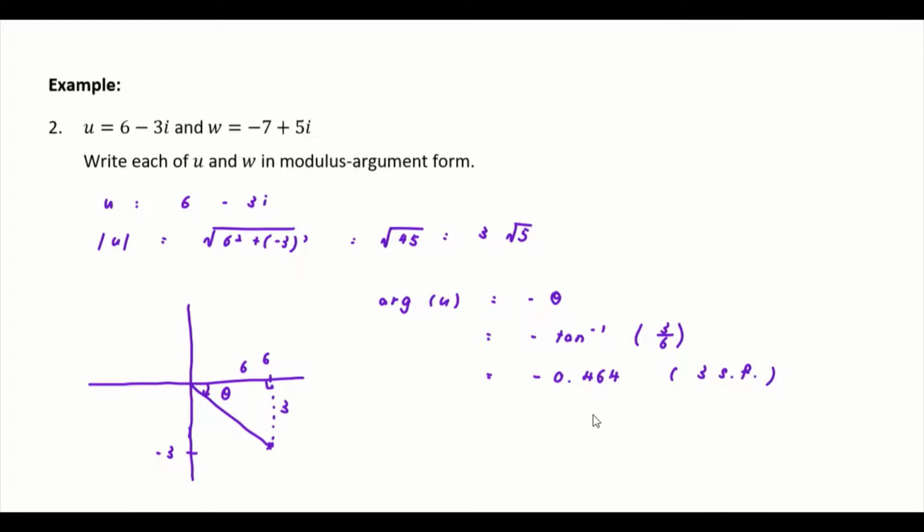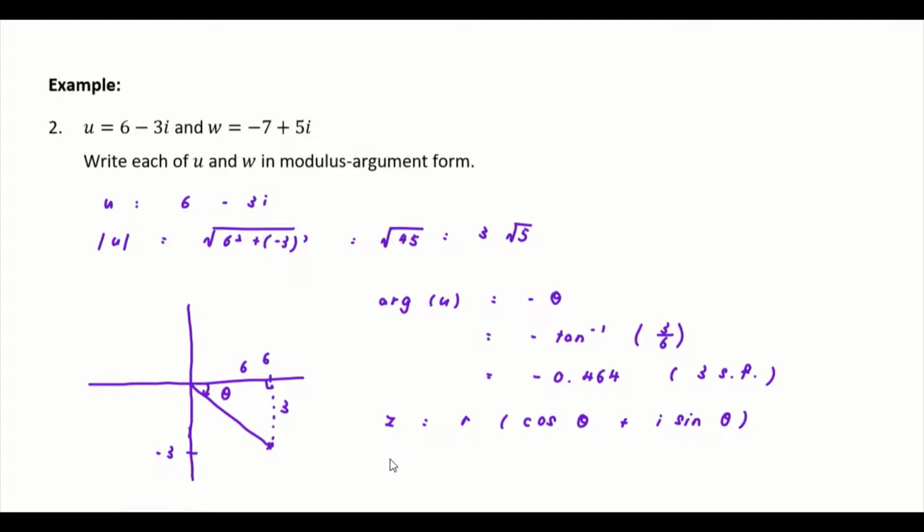After we get this, we are going to substitute into our formula just now. Let me write the formula: z equals r times cos theta plus i sine theta. We're just going to substitute the numbers inside.